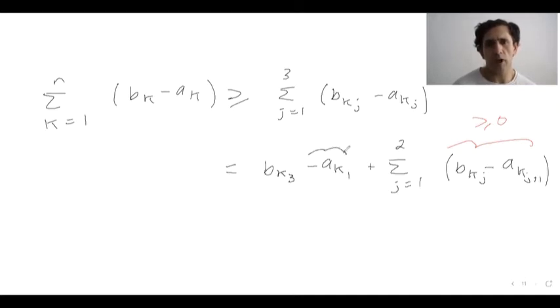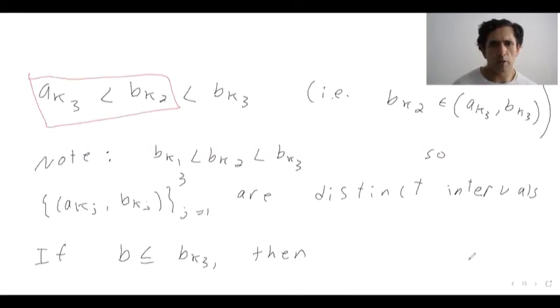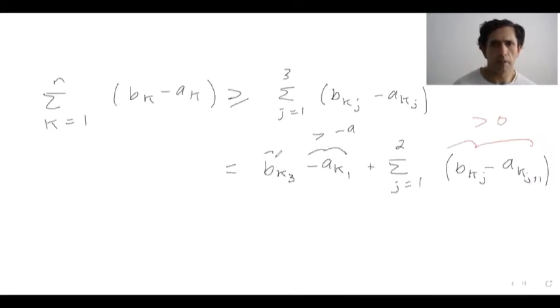Well, again, we did this many times. This is bigger than minus a. And this here we're assuming is bigger or equal to b. So it's bigger or equal to b minus a plus positive stuff, so it's bigger or equal to b minus a. And again, this violates the assumption.